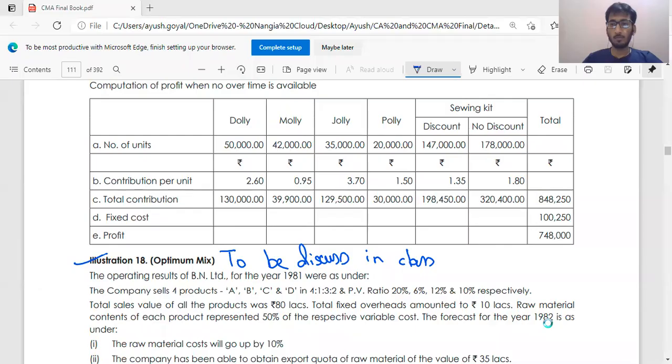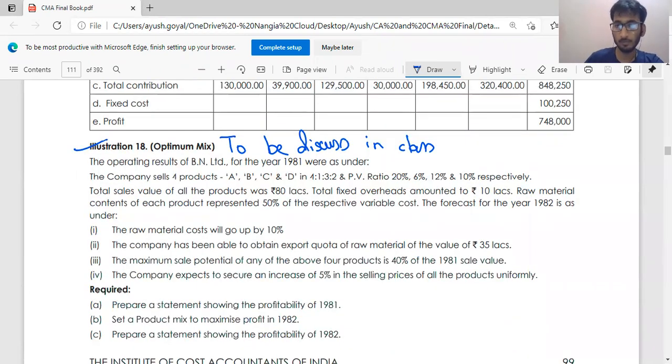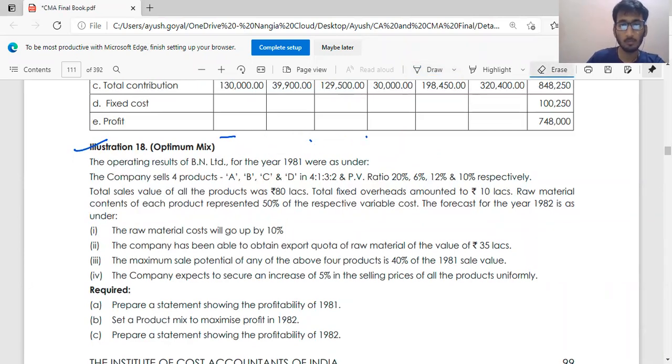So let's come to the book. Let's start with question number 18 today. The operating results of BN Limited for the year 1981 were as under.